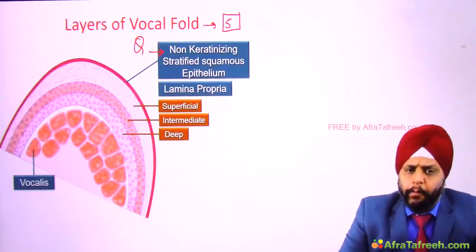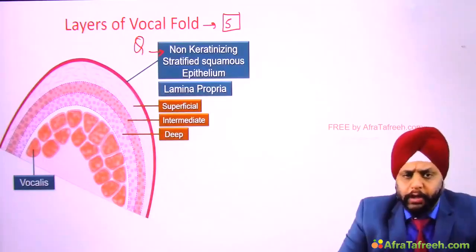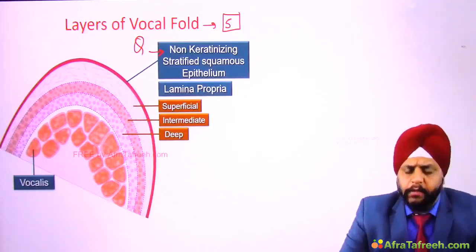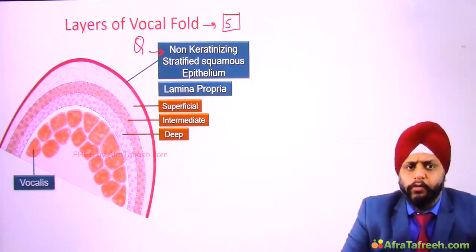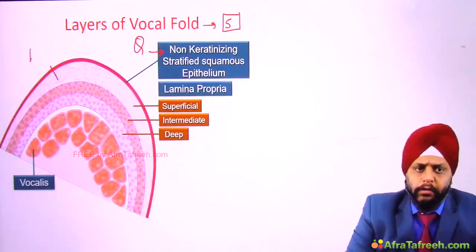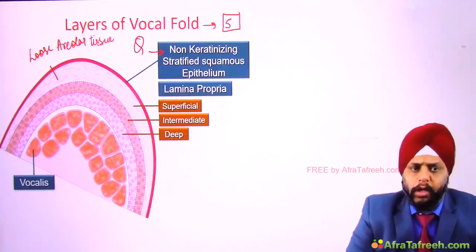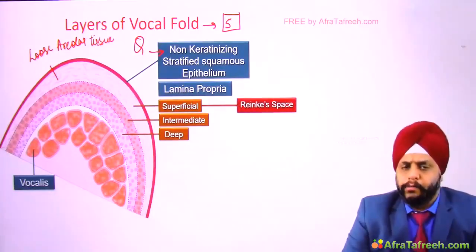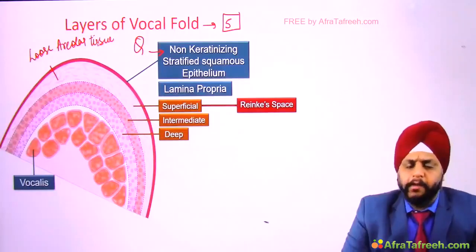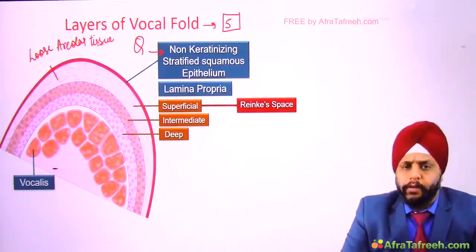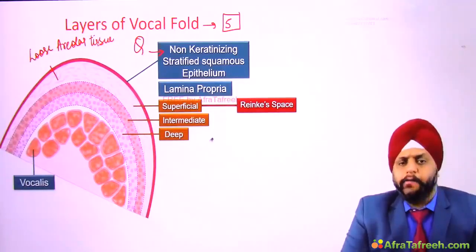Let's look at the superficial layer of lamina propria. This consists of loose areolar tissue, and this space is known as Reinke space.